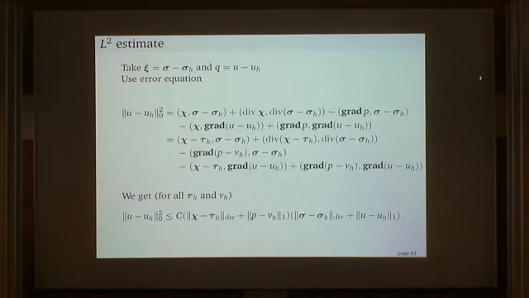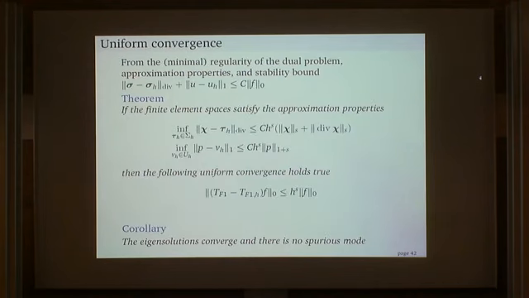One gives you the best approximation, and the other you can bound by the a priori estimates. At the end, you get that u minus uh is bounded by h to the power s times the norm of f in L2.